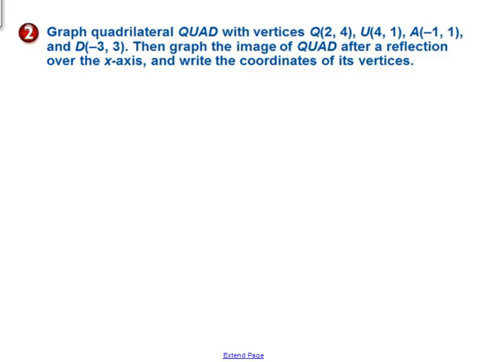Graph the quadrilateral with the vertices at Q is 2, 4. U is 4, 1. Negative 1, 1. Negative 3, 3. And then graph its image. All right. We'll do just a quick sketch here. I've got Q at 2 and 4.